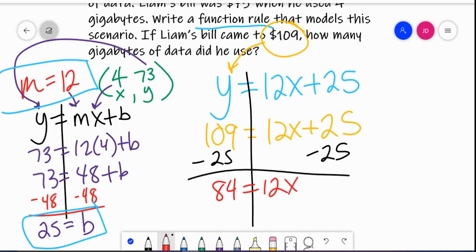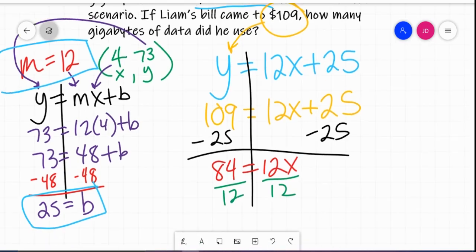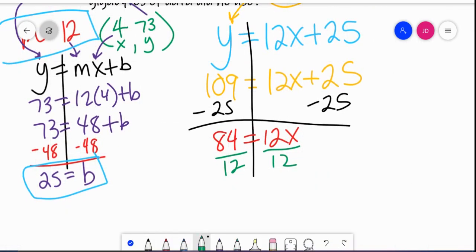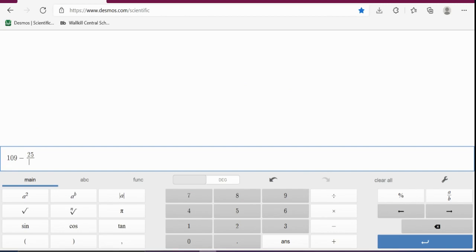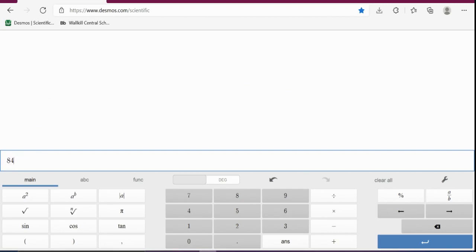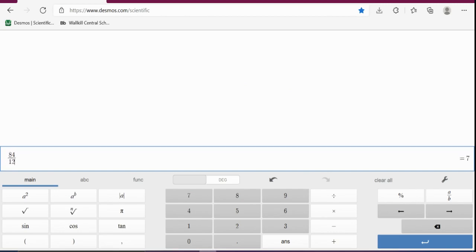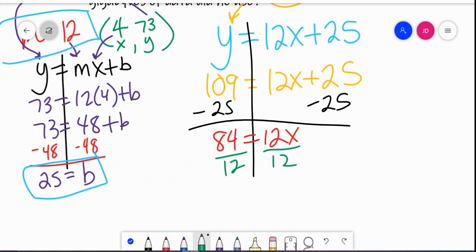Bring down the 12x. Divide both sides by 12. We get 84 divided by 12 is 7. Nice whole number answer. Beautiful. So 7 is my x.